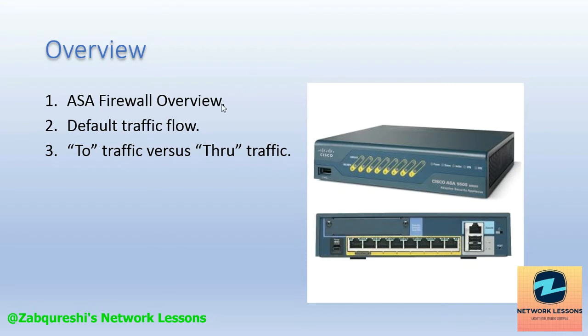Cisco had their first firewall, known as PIX, Private Internet Exchange. This was the predecessor of ASA, but the limitation it had was that it did the controlling of through traffic.